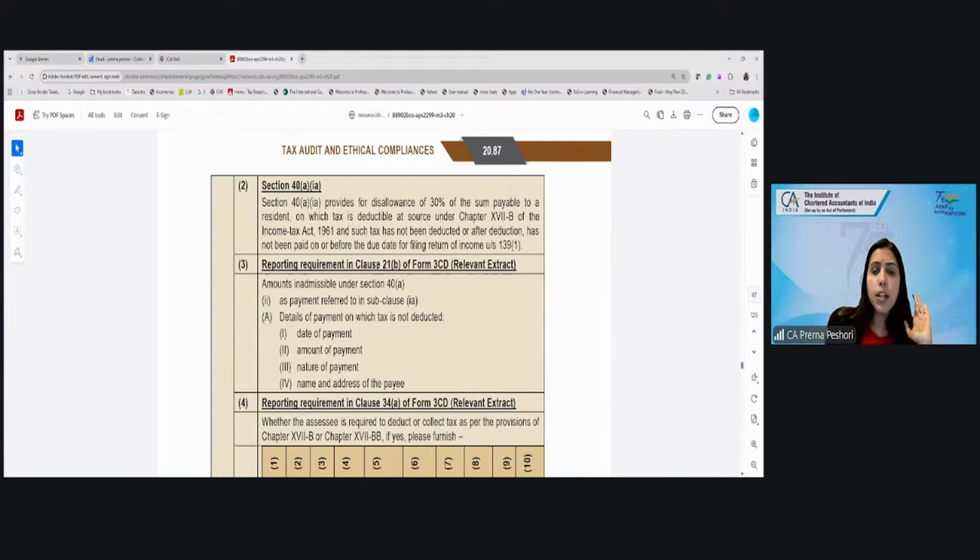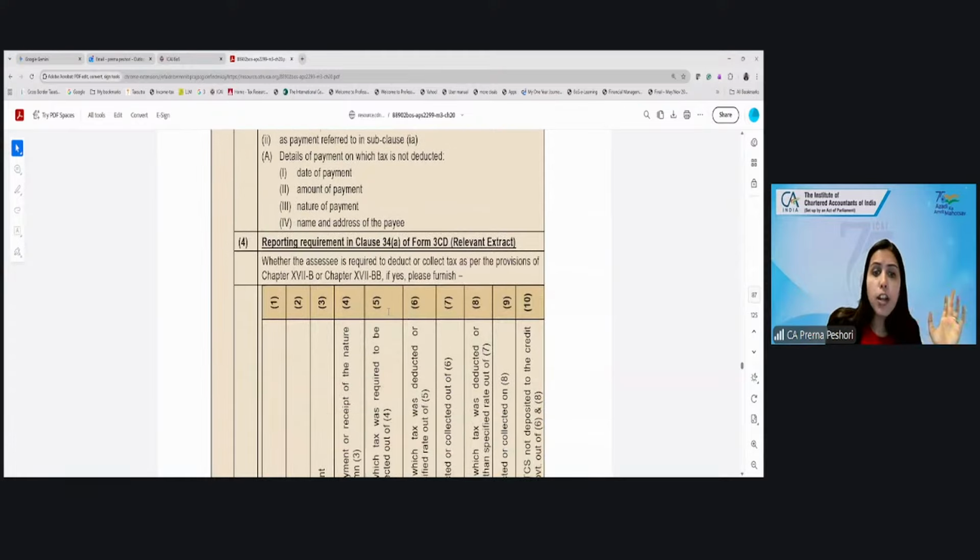And you have to report in Clause 21(b) of Form 3CD, amount inadmissible under 40A(1)(a), details of payment on which tax is not deducted, date of payment, amount of payment, nature of payment, and the name and address. Right?